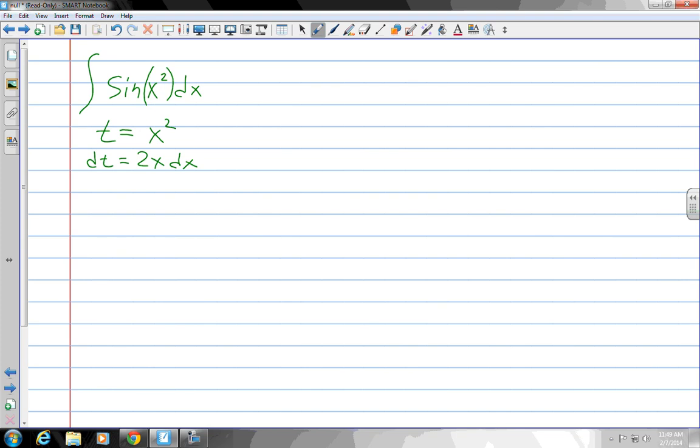Yeah, it'll get ugly, I think. So dx is dt over 2x, so if we make the substitution, this becomes sine of t dt over 2x.